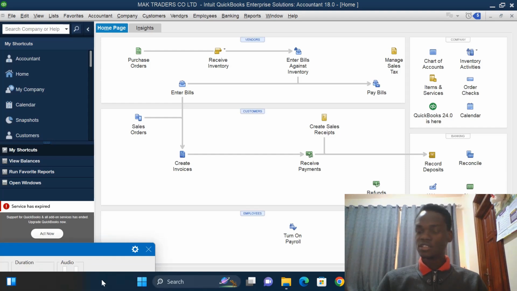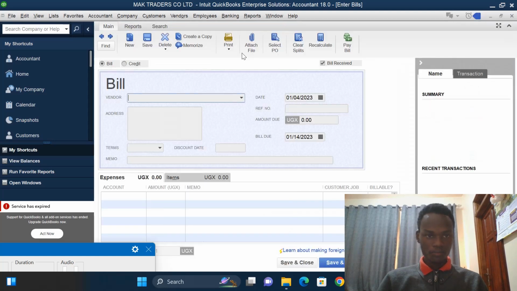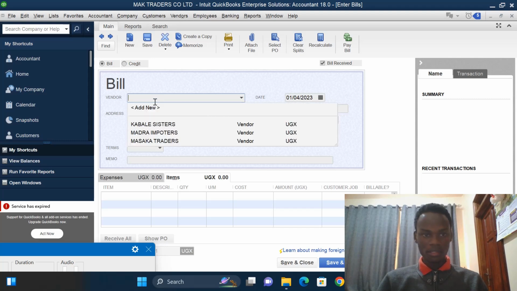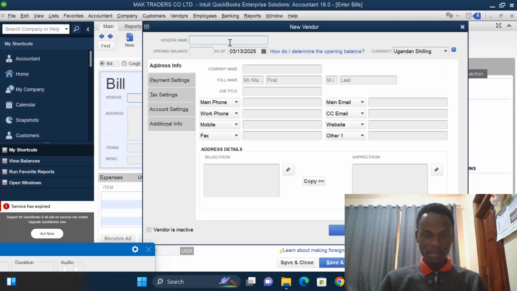So our next transaction is on 6th January. It says bought 100 liters of engine oil. Okay, so we shall go to receive inventory, and we'll receive inventory with bill. So the vendor will come up with a new vendor, and we'll call the vendor Bob.